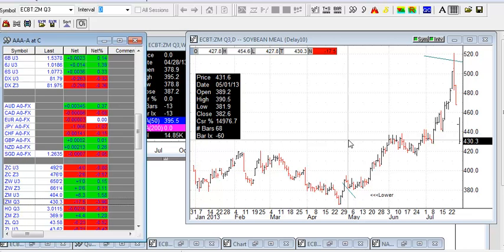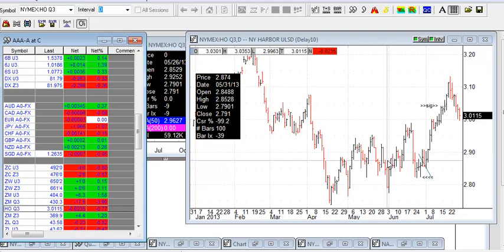Once it goes through the minimum target, there's a high probability it's going to reach the further target area or give a reverse signal at a later point in time, much like it did here. See, it gave a reverse signal over here in the heating oil, which was a failure, and that happens at times.